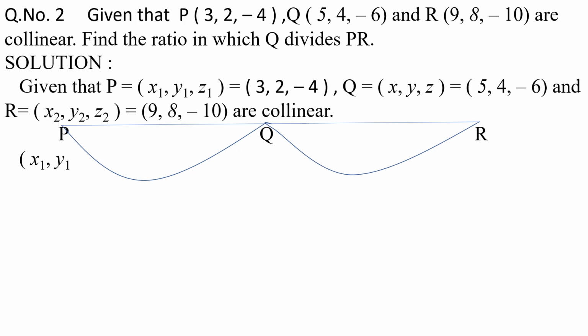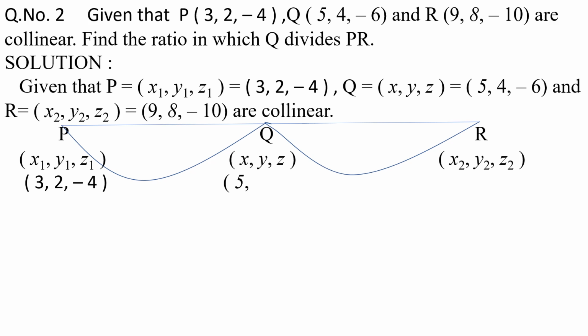Now observe this diagram, my dear children. For our convenience, I have drawn a diagram because this is geometry. If you draw the figure, then you can understand the question easily and find the solution easily. Here P, Q, R, these 3 points are collinear points, and we are assuming they are in this order.